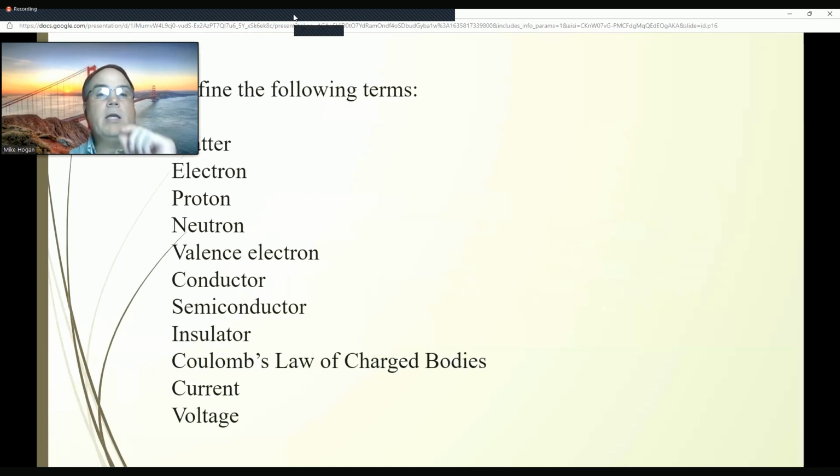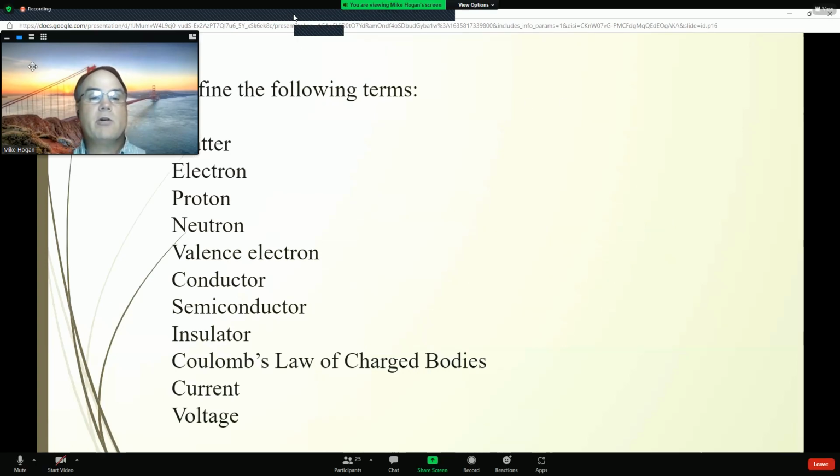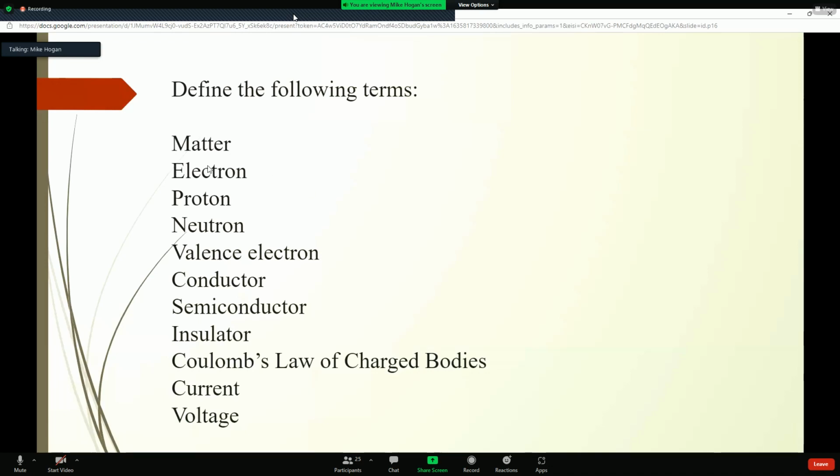By the way, at the end of the PowerPoints, there are usually some quiz questions like this. For example, define the following terms. It gives you an opportunity to go in and define those terms, and it'll give you the answers on a following slide.